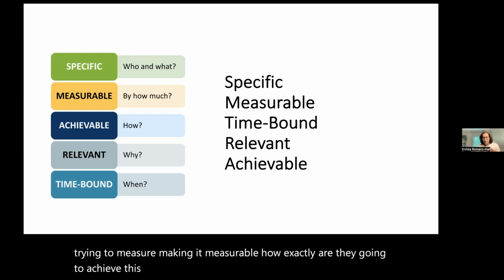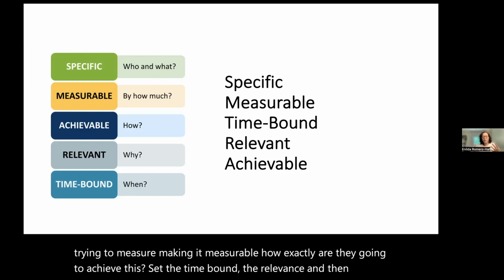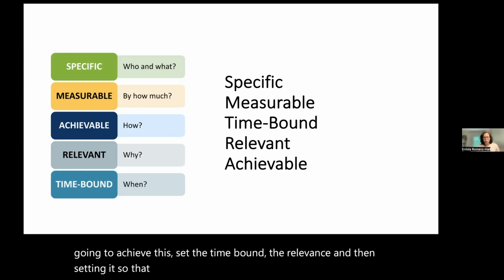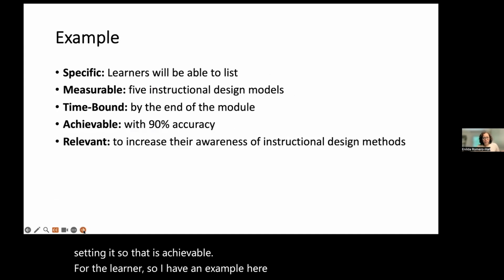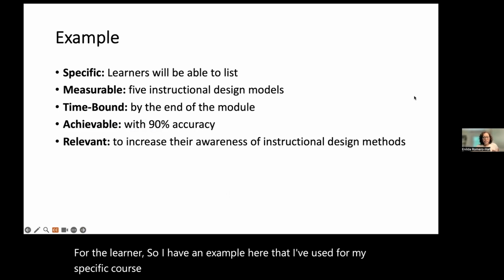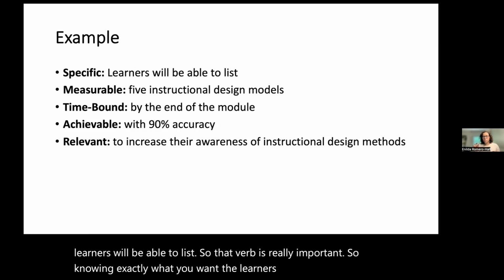Set the time bound, the relevance, and then set it so that it's achievable for the learner. So I have an example here that I've used for my specific course. And this is specific in the sense that it focuses on: learners will be able to list. So that verb is really important, knowing exactly what you want the learners to be able to do.